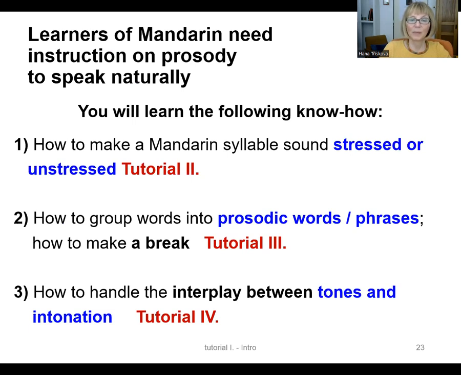How to make a Mandarin syllable sound stressed or unstressed, how to group words into prosodic words and phrases, how to make a break after a prosodic phrase, and finally, how to handle the interplay between tones and intonation patterns, which are two, falling and non-falling.